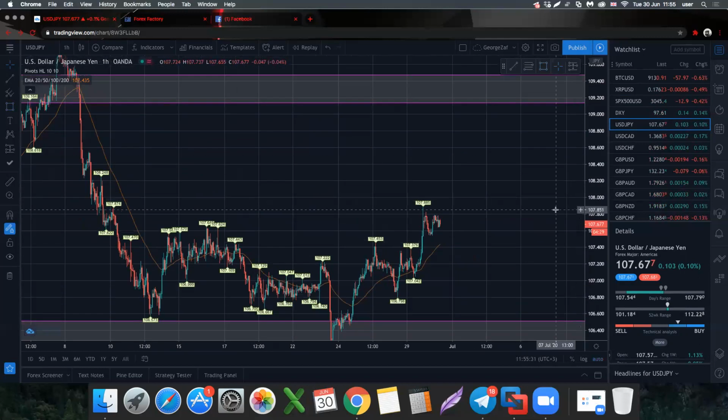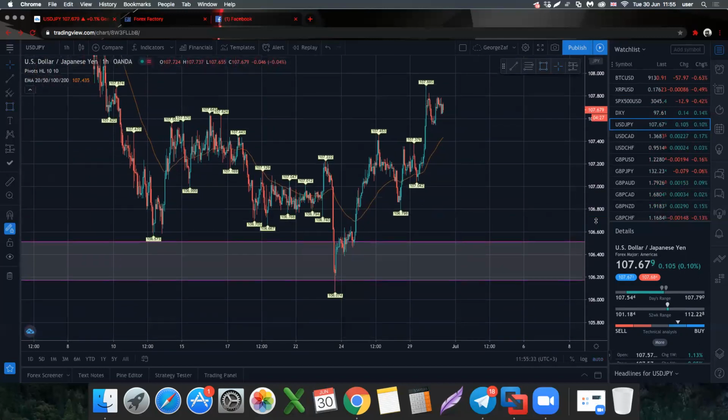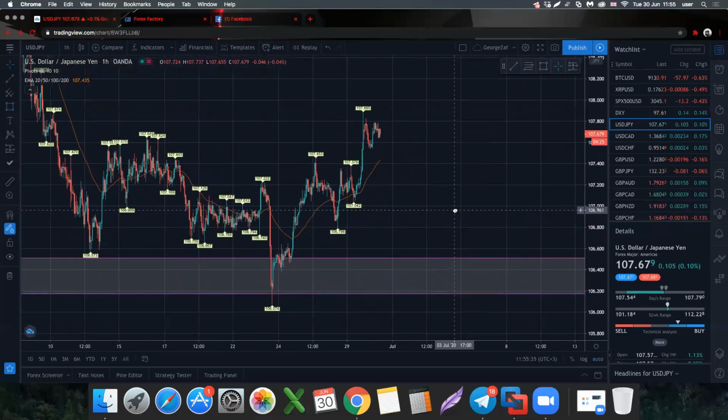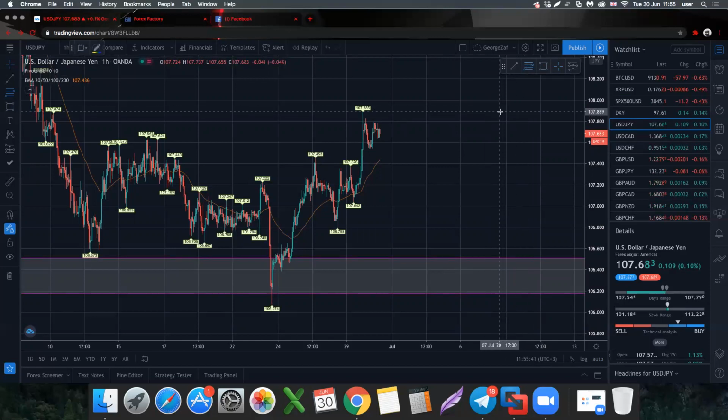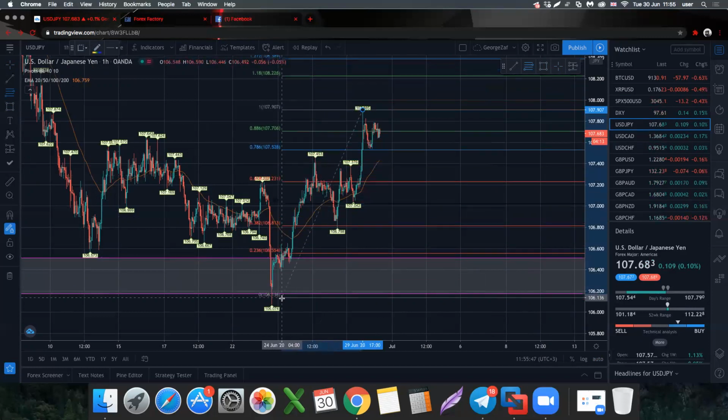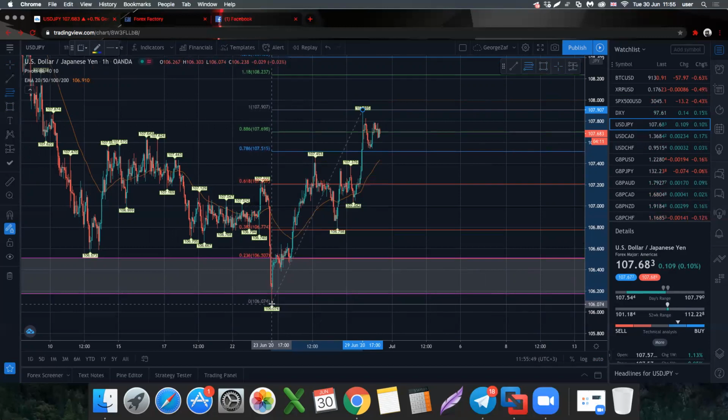I zoom out, and now I'm going to draw the Fibonacci retracement. I take the Fibonacci, and because it's an uptrend, I take it from the lowest low to the highest high, where you see the uptrend started.